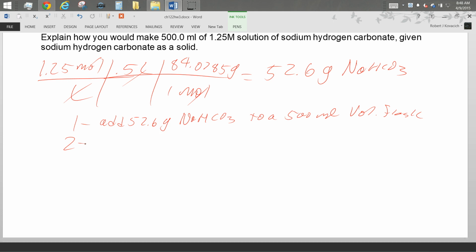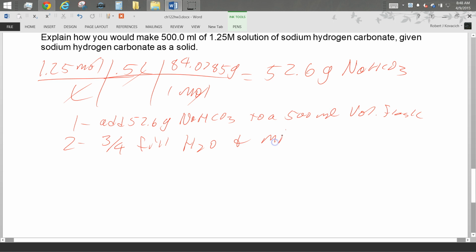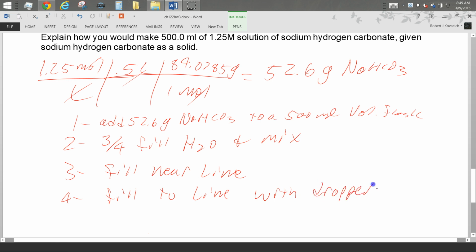Add partly with water. Okay, I'll just say enough to get it to dissolve. 3/4 fill, H2O and mix. Then fill near line. Fill to line with a dropper. Okay.